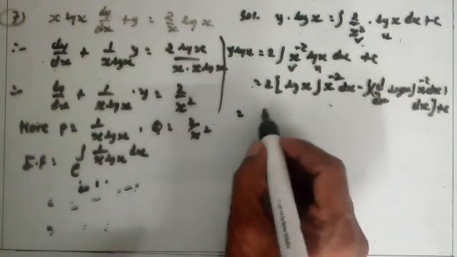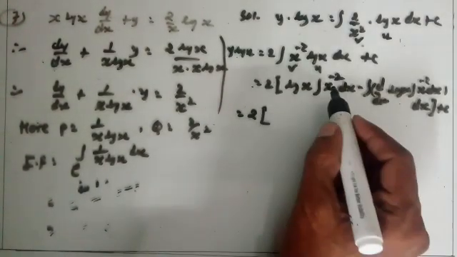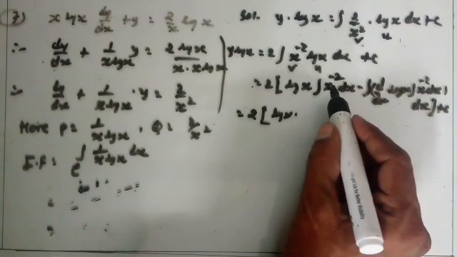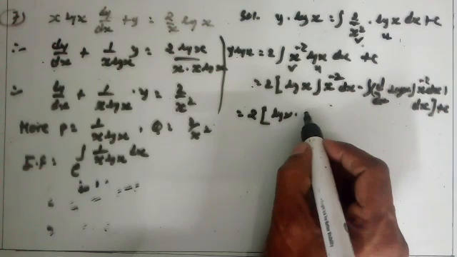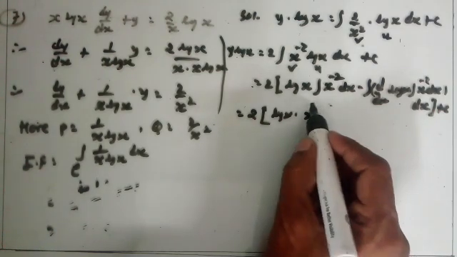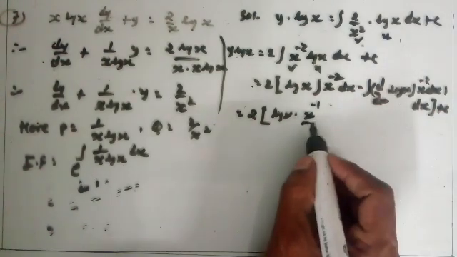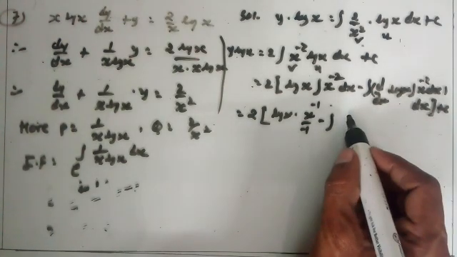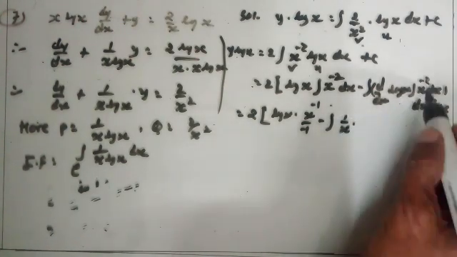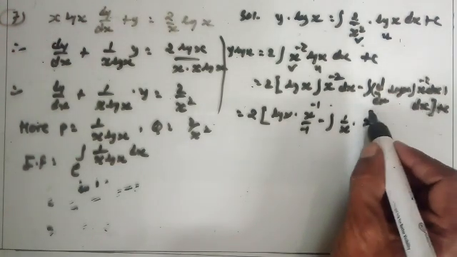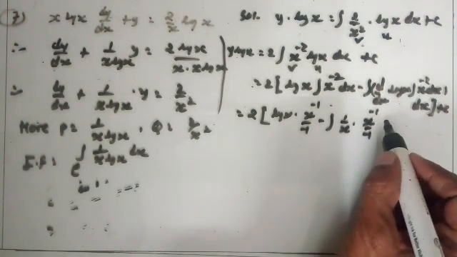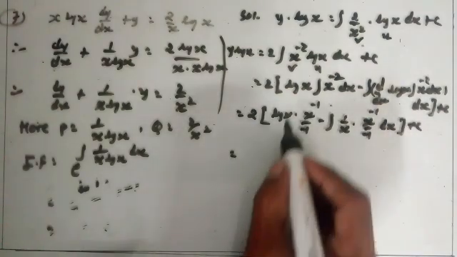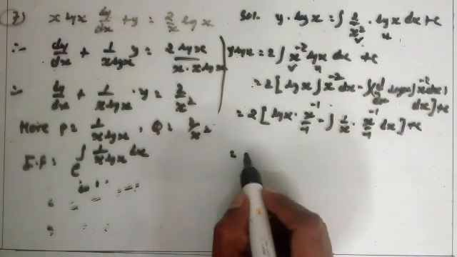So it is equal to 2 into log x into integration of x raised to minus 2, which is x raised to minus 2 plus 1 upon minus 1, minus integration of derivative of this, which is 1 upon x, into integration of this, x raised to minus 1 upon minus 1, dx. Clear? Plus c.